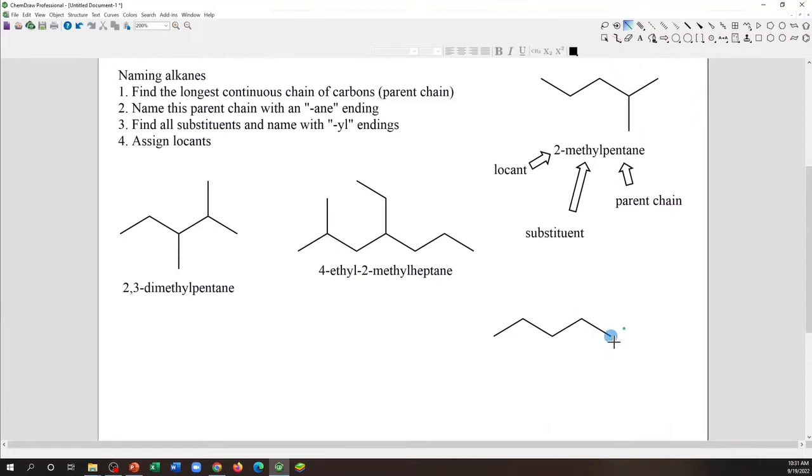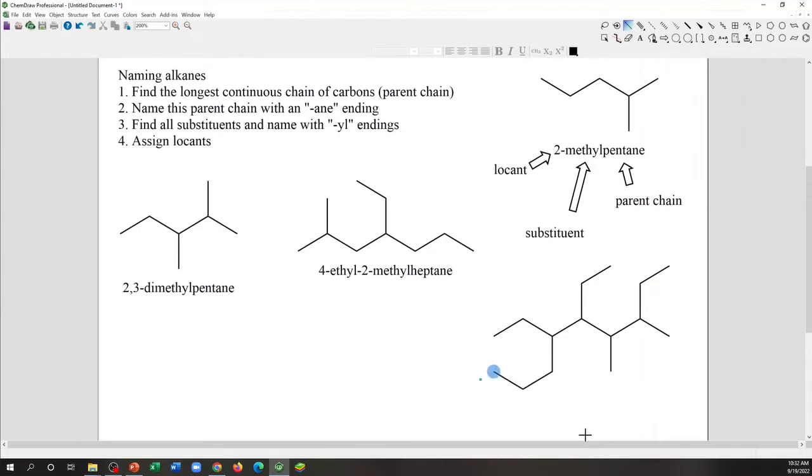I'm going to put a branch here and a branch here, and we'll do a branch there, and one more branch. We'll be pretty creative here.